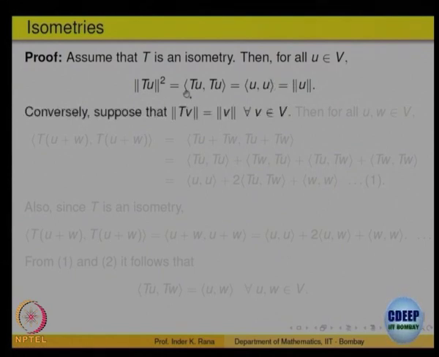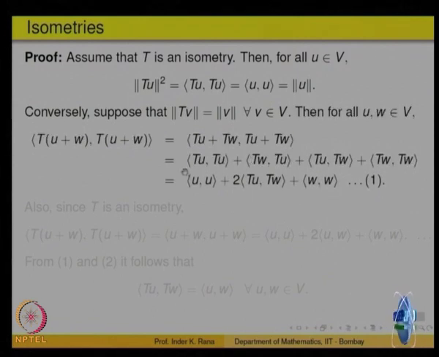Conversely, let us suppose T has the property that it preserves the magnitudes. We want to show it also preserves the angles, that is, it also preserves inner product. For that, take any two vectors U and W, look at the sum, and look at the image T of U plus W and its inner product with itself.